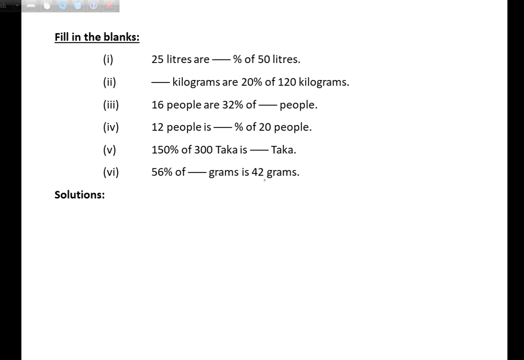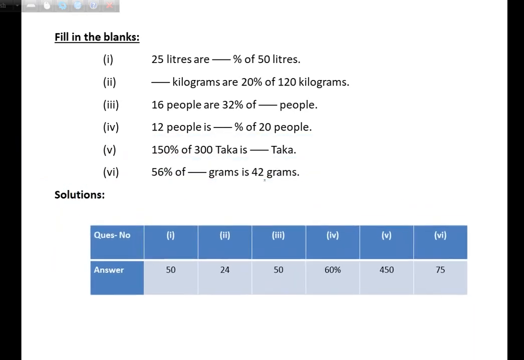For your confirmation, here are the answers of the six questions. The first answer is 50, the second 24, the third 50, the fourth 60, and 45, 450 and 75 are the answers for questions five and six.